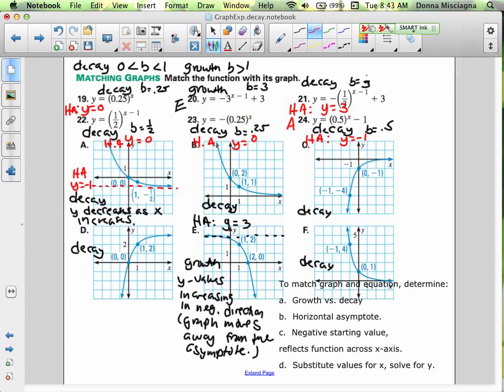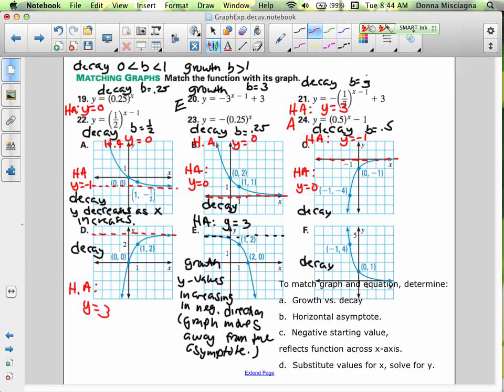Horizontal asymptote for B, 0. Horizontal asymptote for C, 0. Horizontal asymptote for D. What was it? 3. So that's right here, y equals 3.